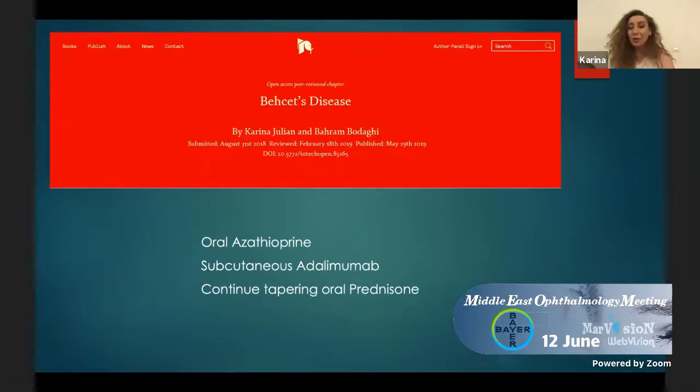So as I recommend in this chapter, I put her on oral azathioprine, and I started straightforward subcutaneous adalimumab for her. And I decided to continue tapering the prednisone because really she was dealing very badly with the corticosteroid. Usually in this kind of patients, you will increase your corticosteroid, but she was really not able to do that.